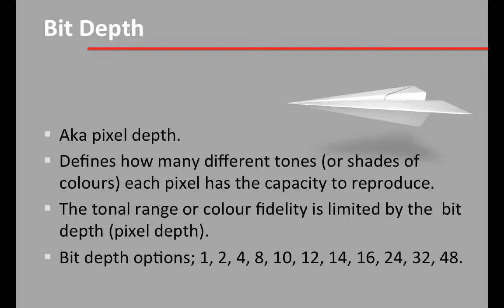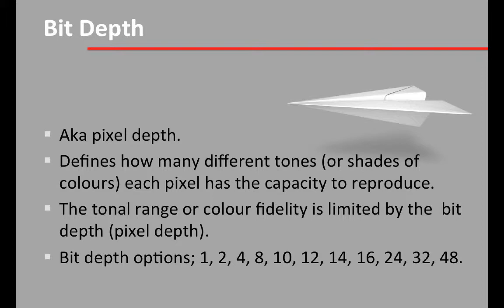Now, one of the interesting differences between JPEG and RAW is actually the bit depth or the pixel depth. When we're shooting RAW, we're shooting around that 14-bit, close to 16-bit capacity, which gives us a much greater tonal range than JPEG because JPEG is processed at 8-bit. So JPEG files are 8-bit files.